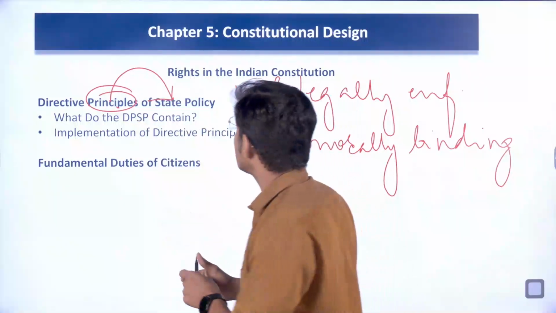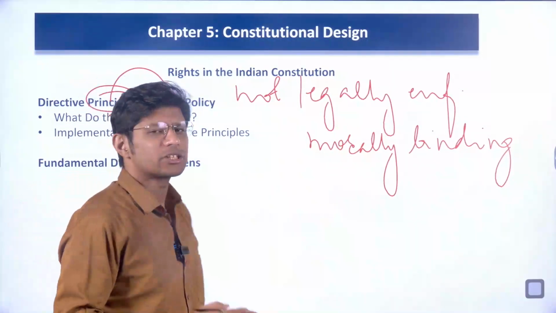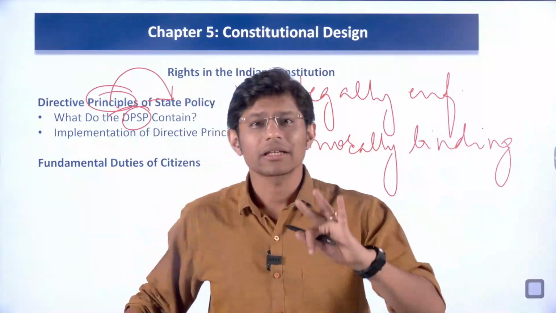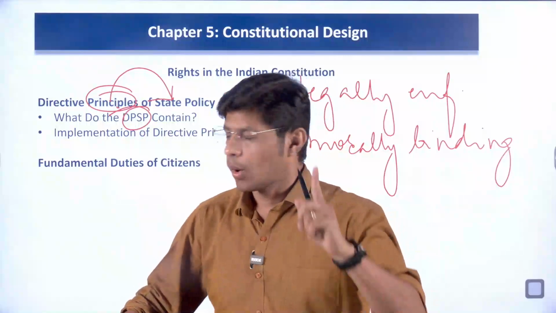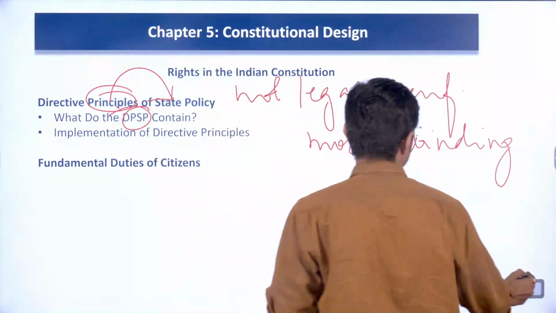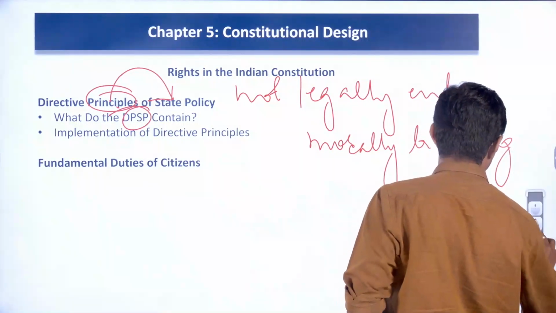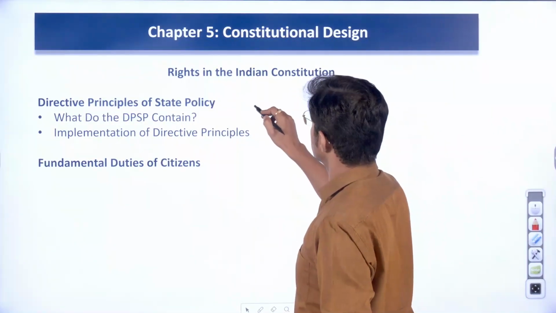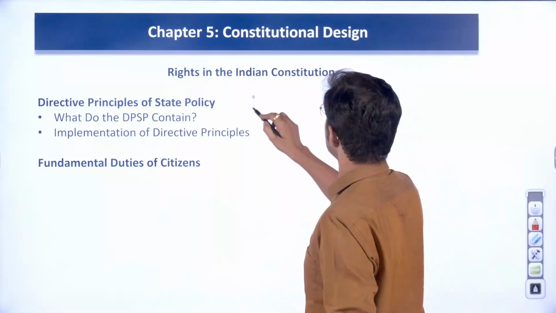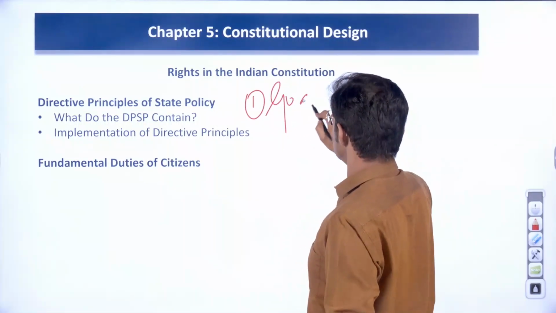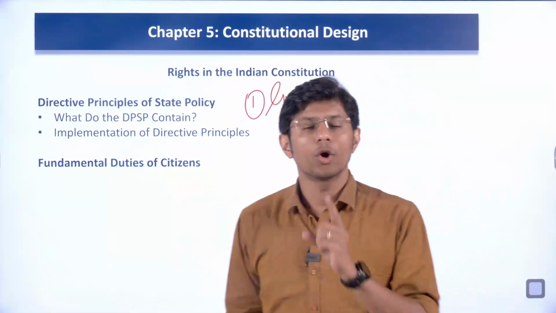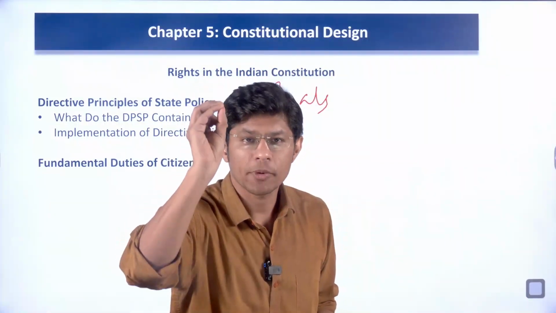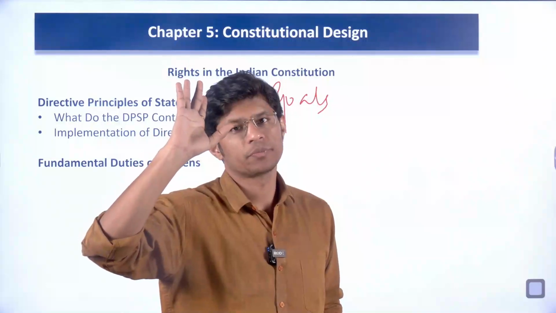So, what exactly do the directive principles of state policy contain? Now, if you look at the DPSP, there are 3 key areas. One is goals for society, which means the goals are social and economic objectives which India should achieve.